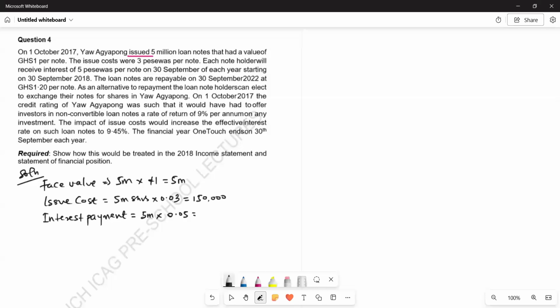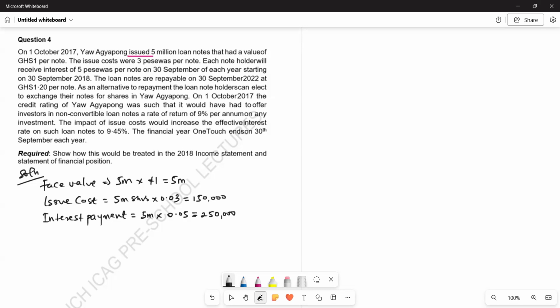Do you agree with me? Every year they pay interest of 250,000, right? Yes. But these figures, you need to get them right before you can start the treatment.